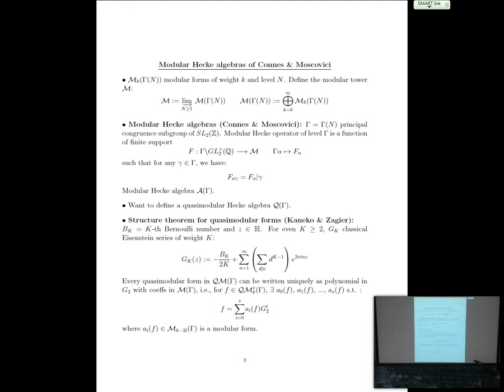It's the Bernoulli number plus a sum involving sigma of k, the divisors raised to the k minus 1th power. The key is that every quasi-modular form in Qm gamma can be written uniquely as a polynomial in G2.